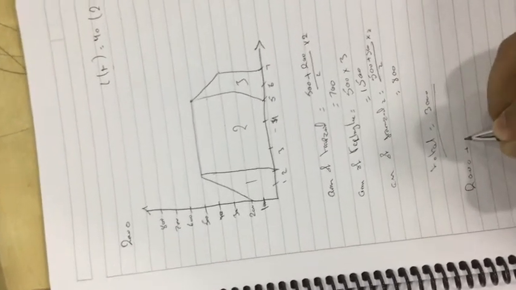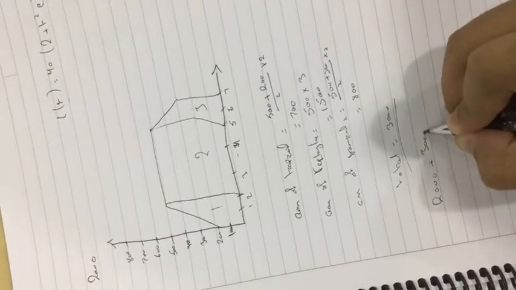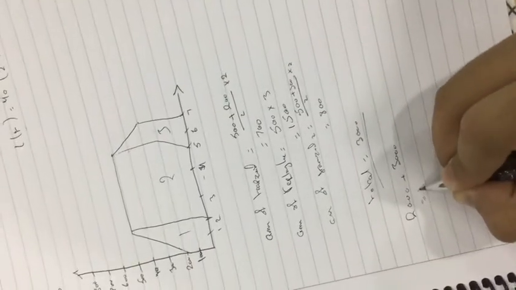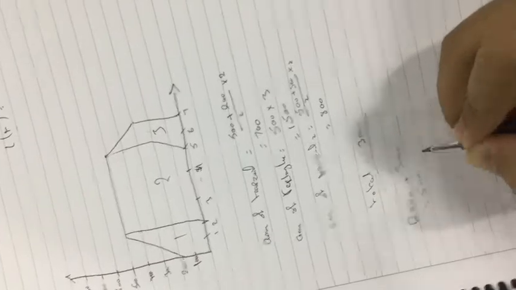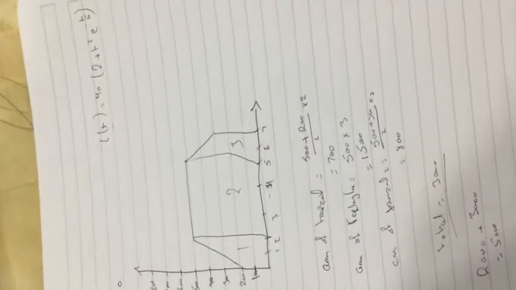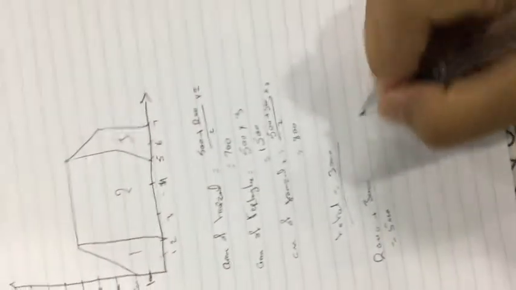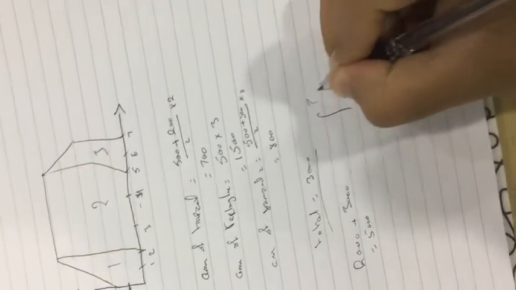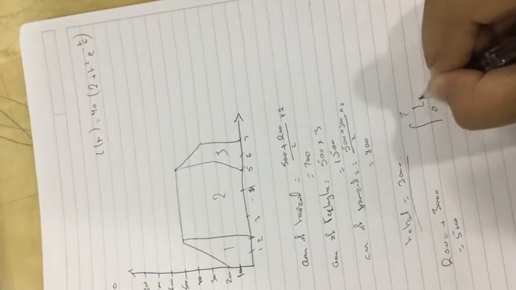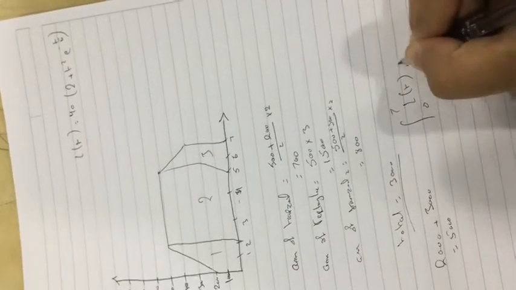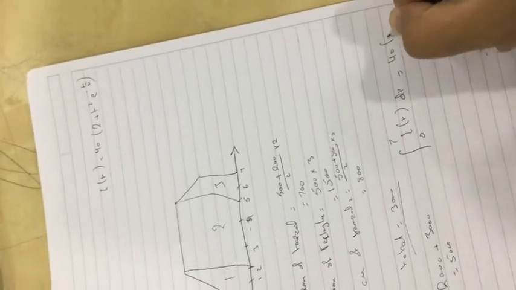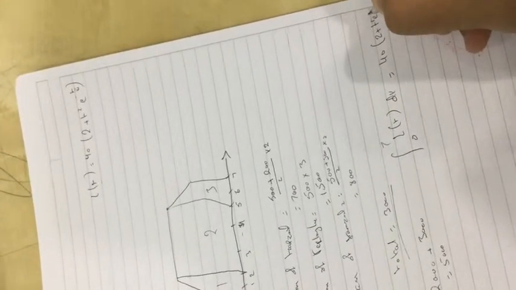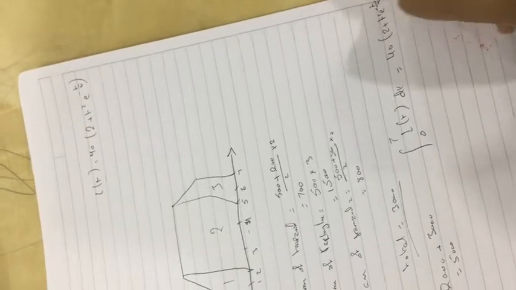Now we can see that 2000 plus 3000 equals 5000. And now for the leaving, we use that equation and integrate it from 0 to 7, the equation of dt, which is 4t squared plus t squared e to the negative t over 4.